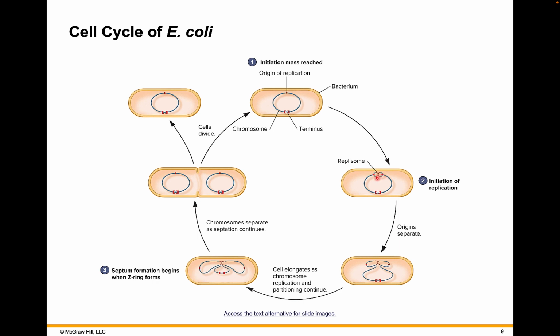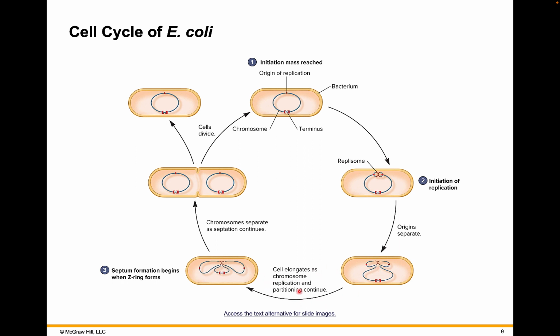We call these the forks. These forks are moving down, and you can see that two chromosomes are being synthesized, and because the origins are now separated, there are two origins, and the two chromosomes are being formed. The details of that we are going to talk about separately.